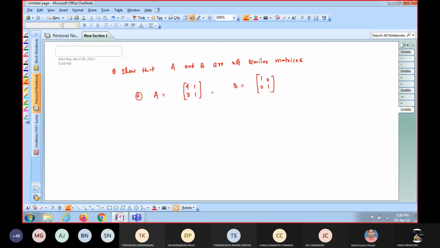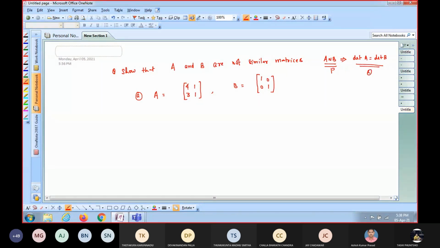See what I have done. A is similar to B implies determinant of A should be equal to determinant of B. I take this as statement P. I take this as statement Q. So I have statement P implies Q. So what will be the negation of that?